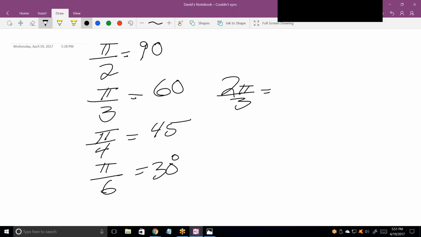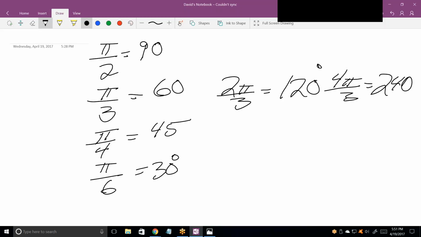Again, say it again. If pi over 3 is 60 degrees, what's 2 pi over 3? 120. Just multiply 60 by 2. What's 4 pi over 3? 240.